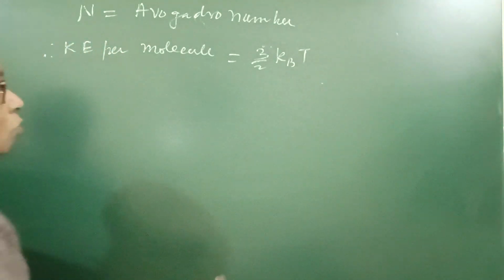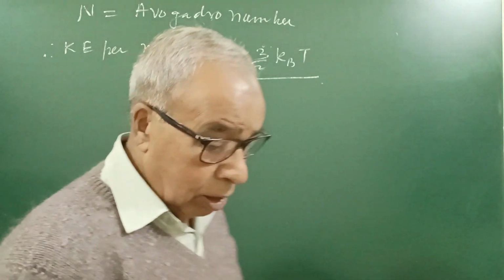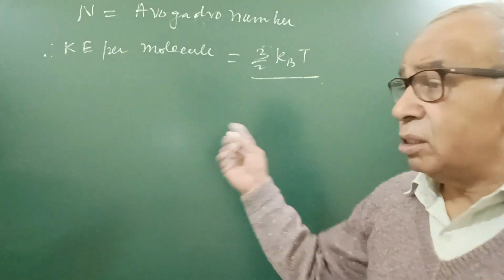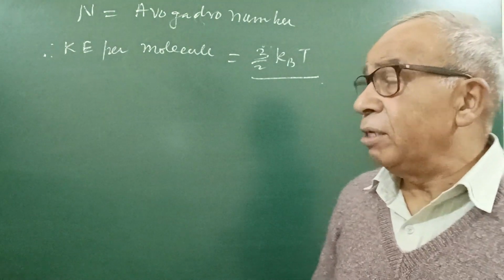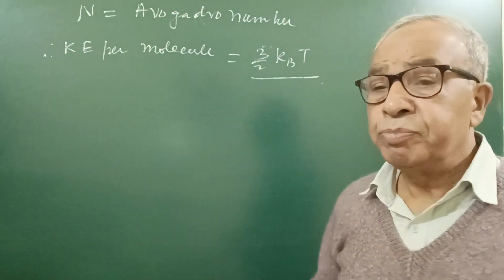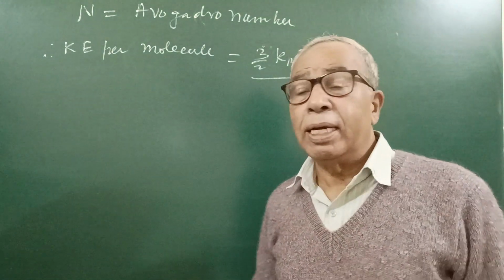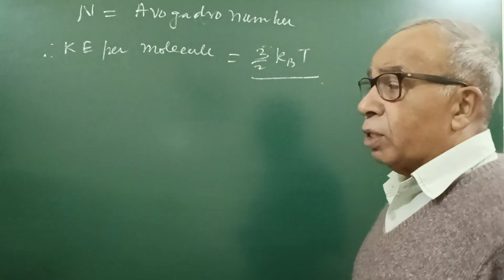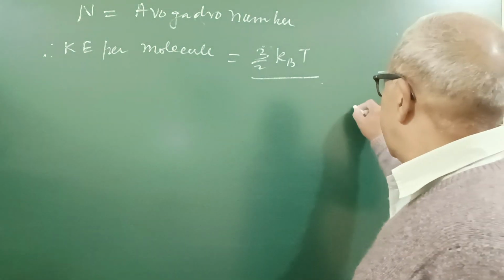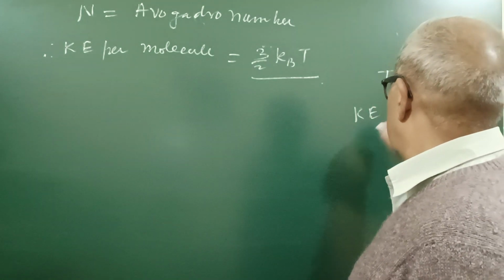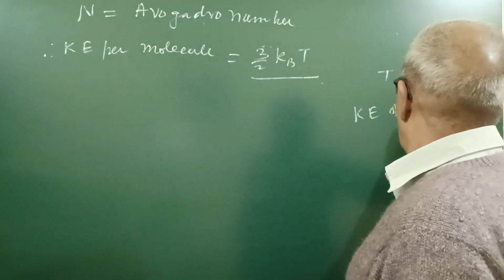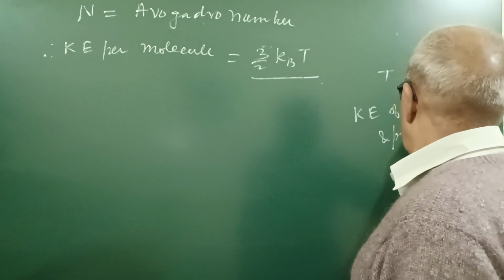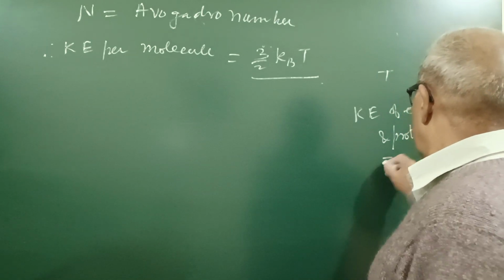So we can generalize this equation: kinetic energy per particle when the system of particles is in equilibrium at temperature T. That is, if electrons and protons are at the same temperature T, then the kinetic energy per particle, the kinetic energy of an electron, proton or neutron, whichever it is, is the same.